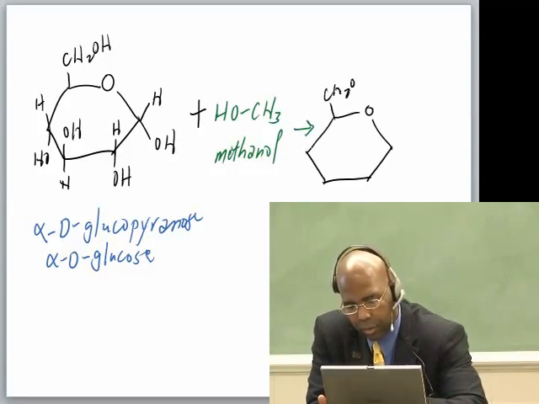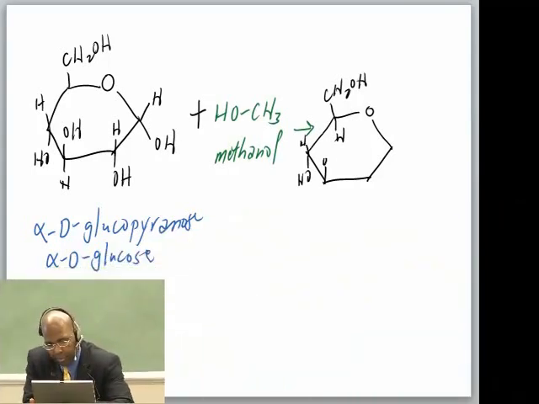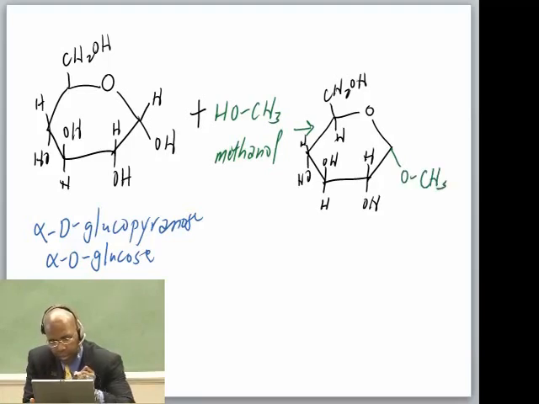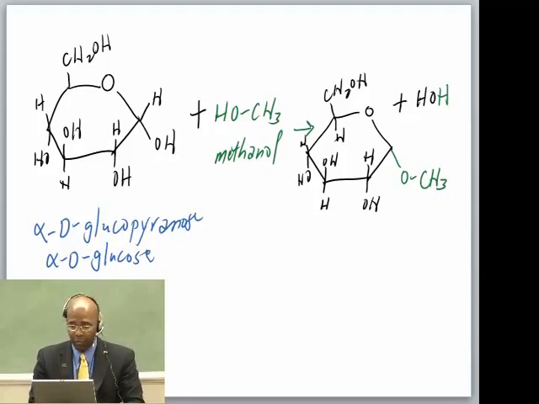So up, down here is going to be OCH3, plus we're going to have HOH. I don't like HOH right there because I need to write something right there. I'm going to put HOH right here. Plus HOH. Okay. Now, there's our product.